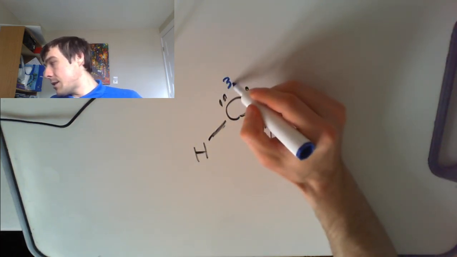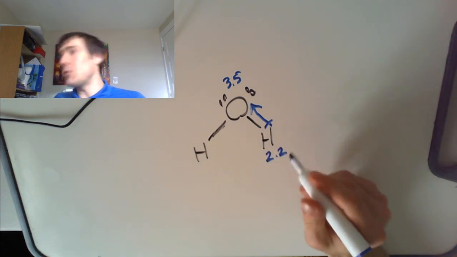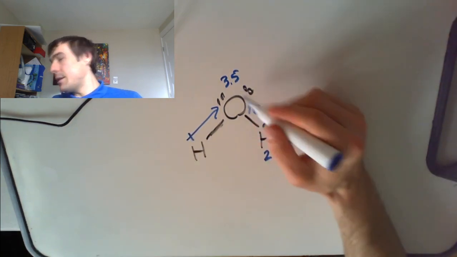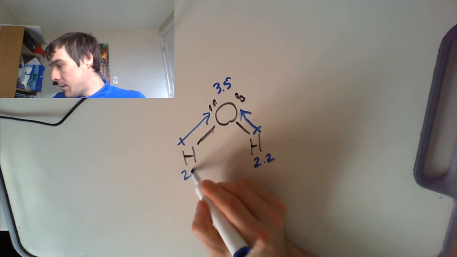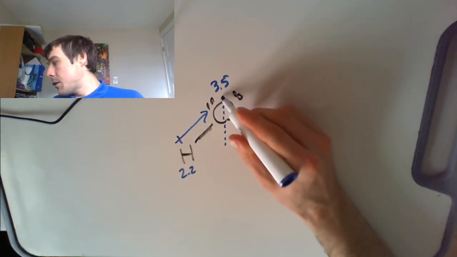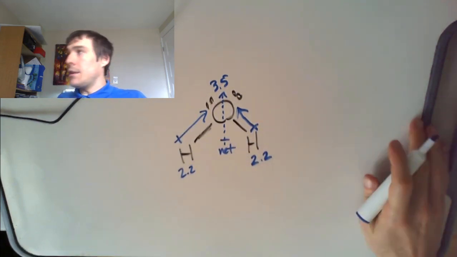The oxygen has an electronegativity of about 3.5, and the hydrogen has an electronegativity of about 2.2. So we've got this strong bond dipole up towards the oxygen, which means that our net dipole is going to look like that. There's our net dipole.